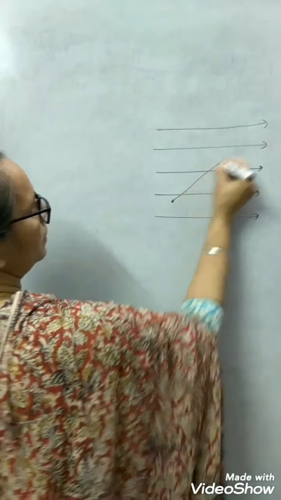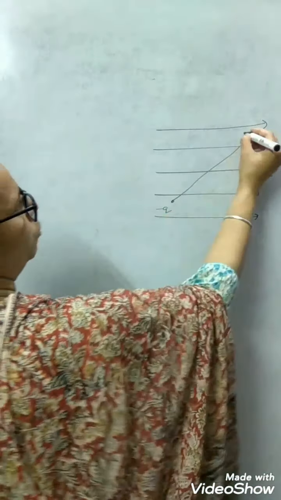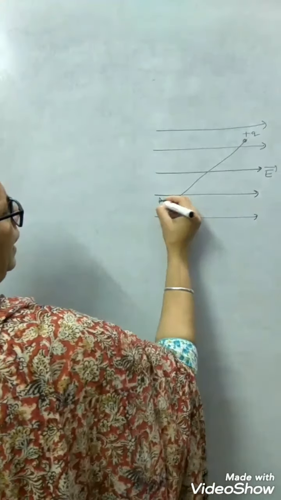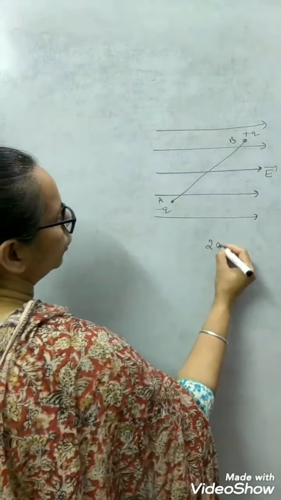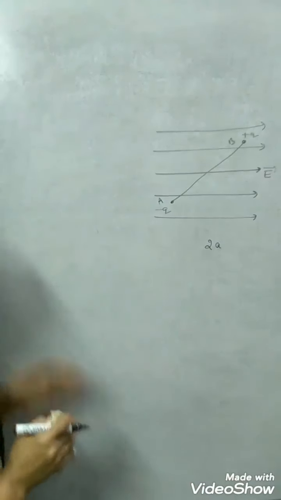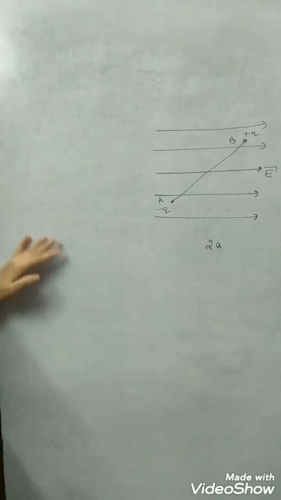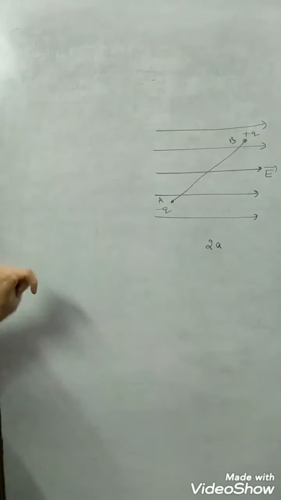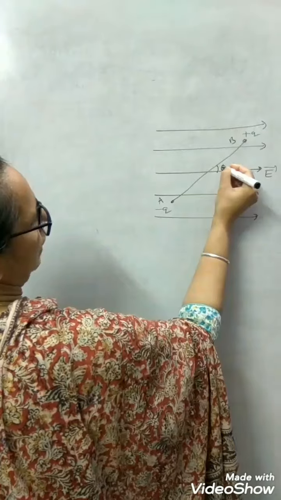Here we place the dipole, with minus Q and plus Q, A and B, in the electric field. The length is 2A, not 2L. At the starting of this lecture, I think I took 2L, but that's not right, the dipole has the length 2A. This is at angle theta.